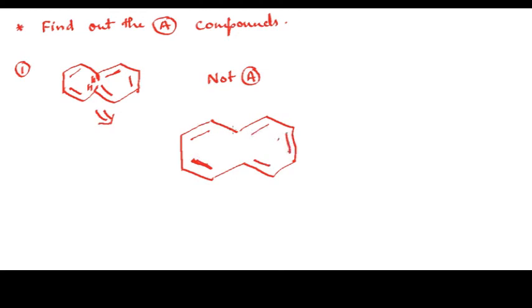You can say this carbon has a hydrogen, and this carbon also has a hydrogen. Now there occurs repulsion between the electron densities of these two hydrogens in this molecule, and these hydrogens are called flagpole hydrogens.